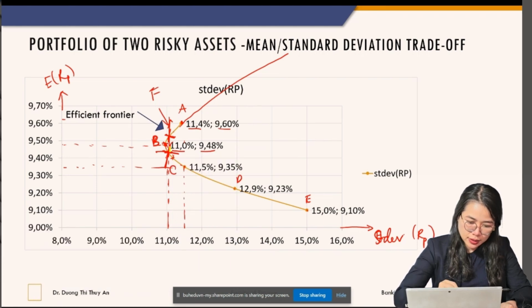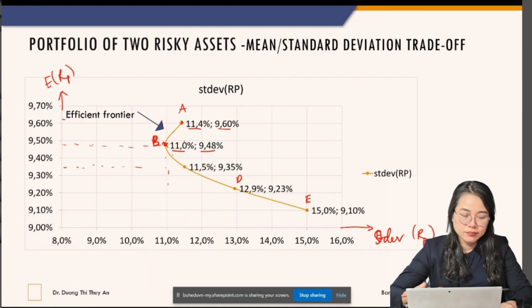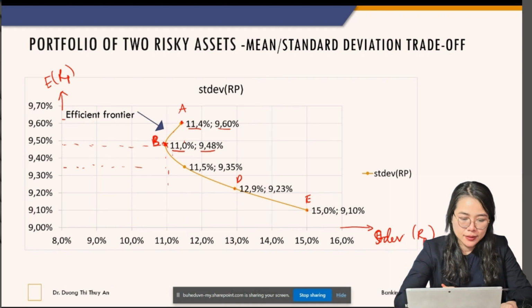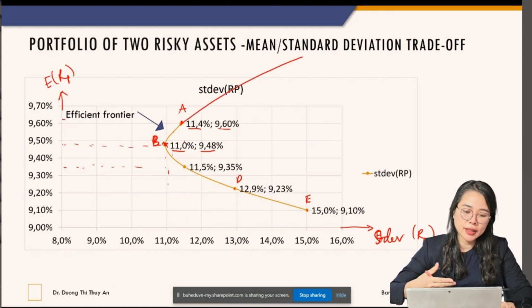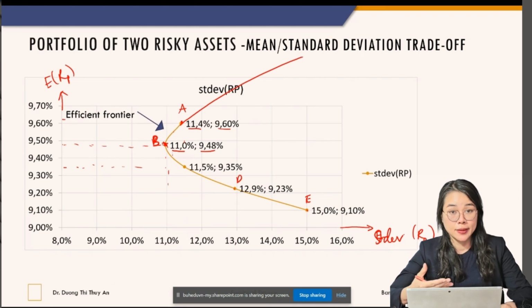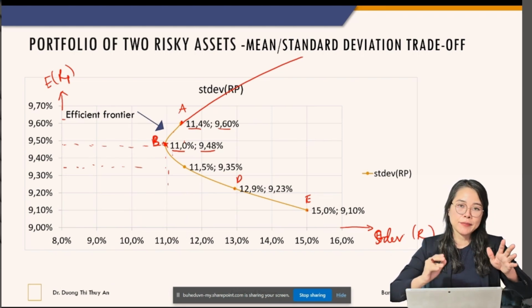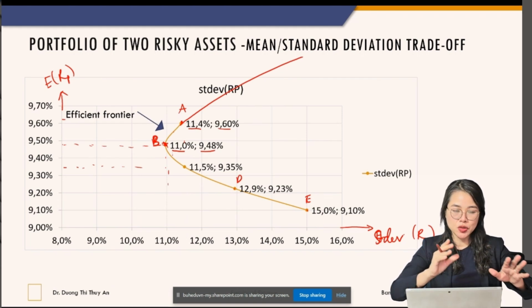we can come to a conclusion that any portfolio below portfolio B is inefficient, because we can always find another portfolio. A portfolio means a combination between GMLF and MBB.